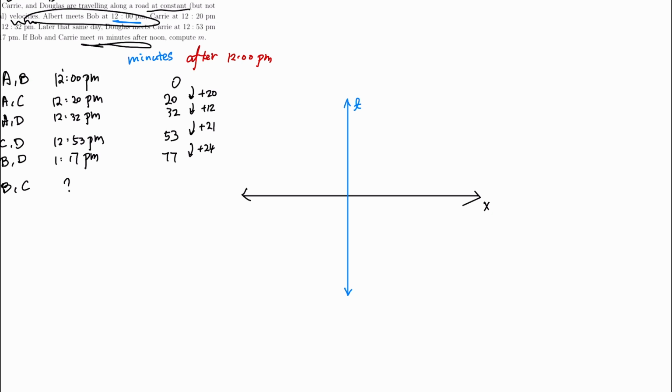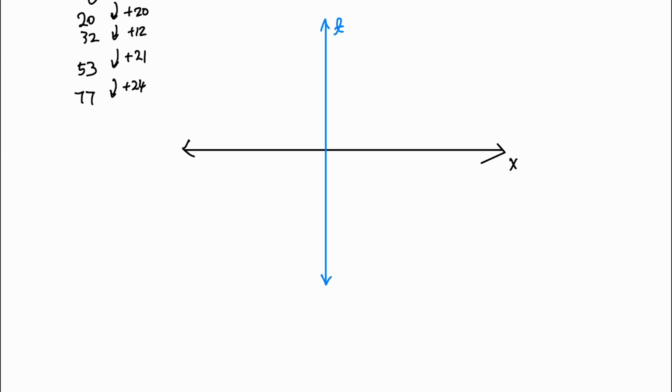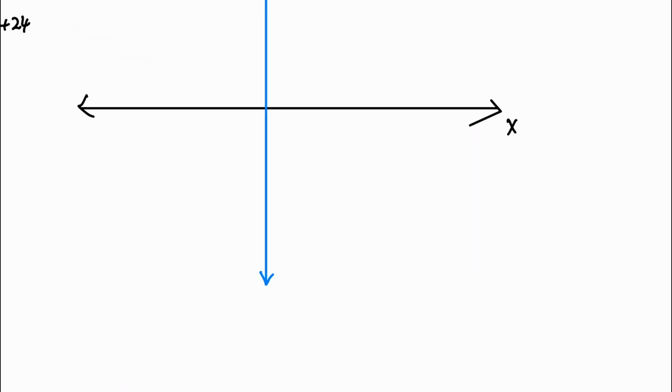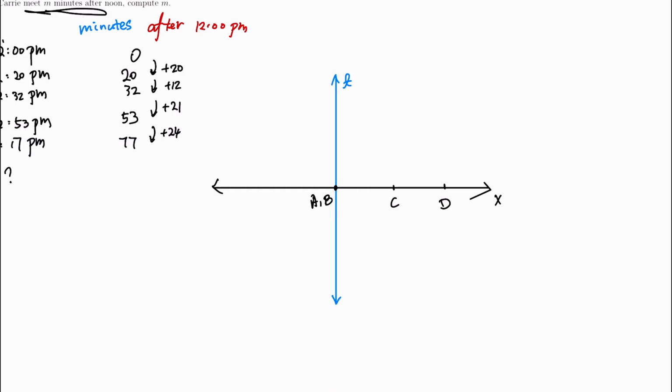And let's take a look at this. So t and x. Well, we would still have something with, let's say, a starting point. Let's say that A and B start at the same point. Let's say that is the origin, so A and B. And we will have C somewhere and D somewhere.